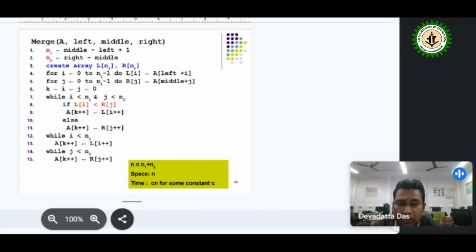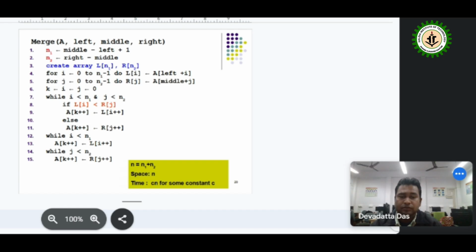Then I'm using the while loop, checking the value of i: if i is less than n1 and j is less than n2, then I'm using the if statement. If L[i] is less than R[j], then A[k++] equals L[i++]. Otherwise, else A[k++] equals R[j++]. Then I'm using another while loop, checking the value of i.